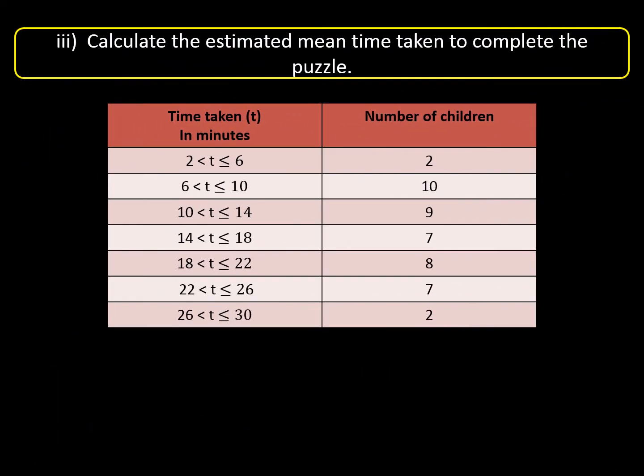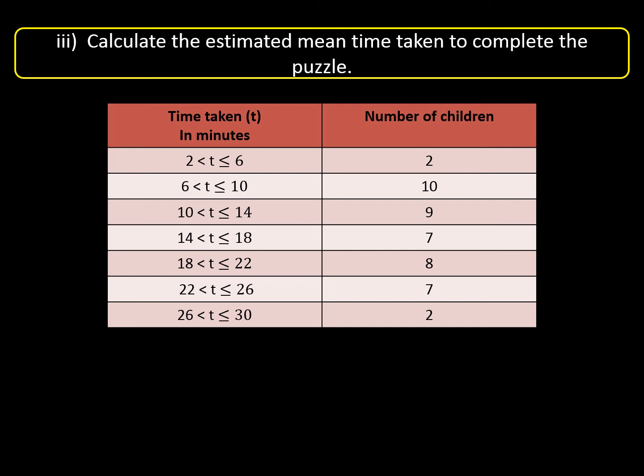Question 3. Calculate the estimated mean time taken to complete the puzzle. Mean time. Okay, this is not like raw data, but here it is a frequency table. So we have to know how to calculate that.